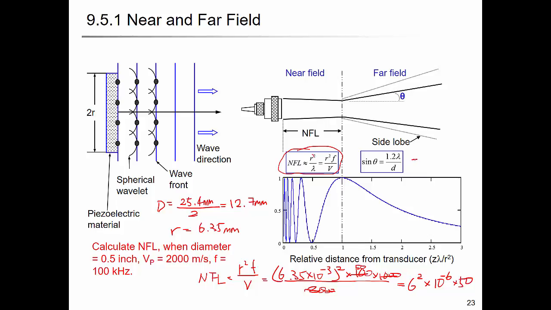Approximately 36. That's around 1.8 millimeter. So I think it's going to be around 2 millimeter. So the near field of that ultrasonic transducer is around 2 millimeters.